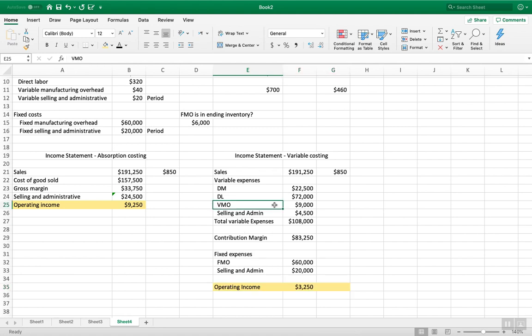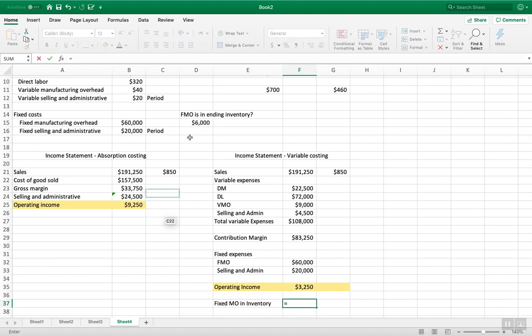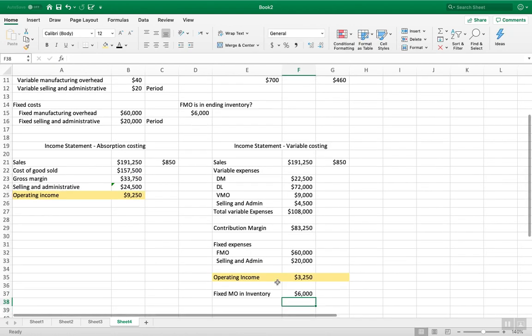Now, I want you to see the difference in my operating income using absorption costing as opposed to using variable costing. Remember, we use variable costing internally, we use absorption costing externally. That's according to generally accepted accounting principles. So I have to show a reconciliation between the two. What I have to do is account for fixed manufacturing overhead and inventory. We calculated that number right here.